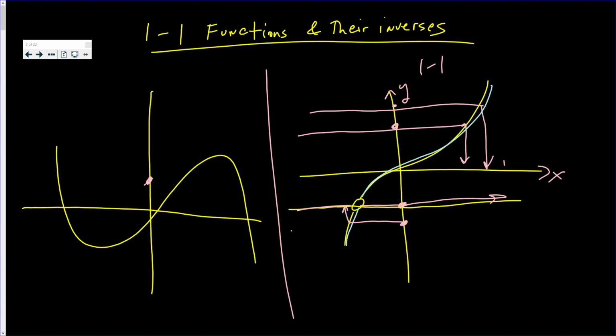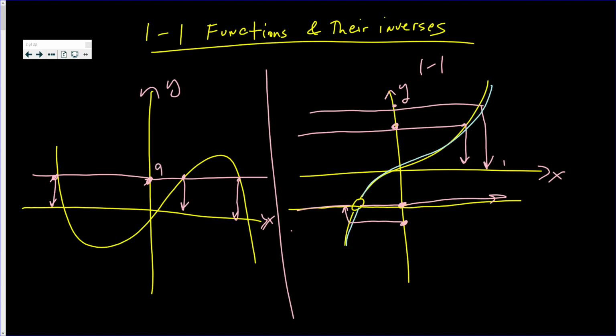For this y value, we get this x value, we get this x value, and we get that x value. That horizontal line crossed in more than one place. It crossed in 3 places.